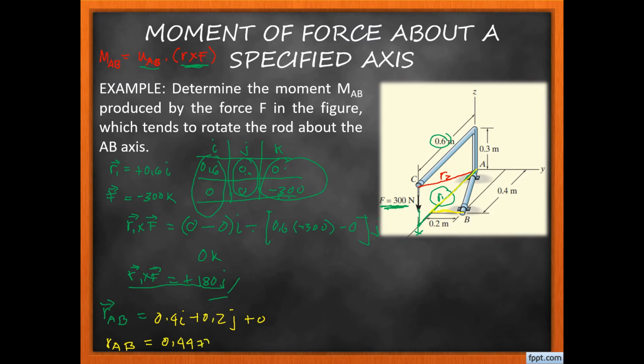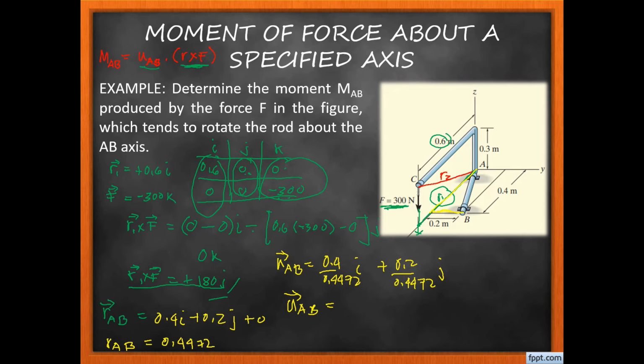And then square root niyan is meron tayong 0.4472. So kung kukunin natin yung unit vector ng ating AB, Cartesian vector form, so meron tayong 0.4 over 0.4472i plus 0.2 all over 0.4472j. Okay, so yung unit vector at AB natin in Cartesian vector form is equal to, so 0.4 over 0.4472.